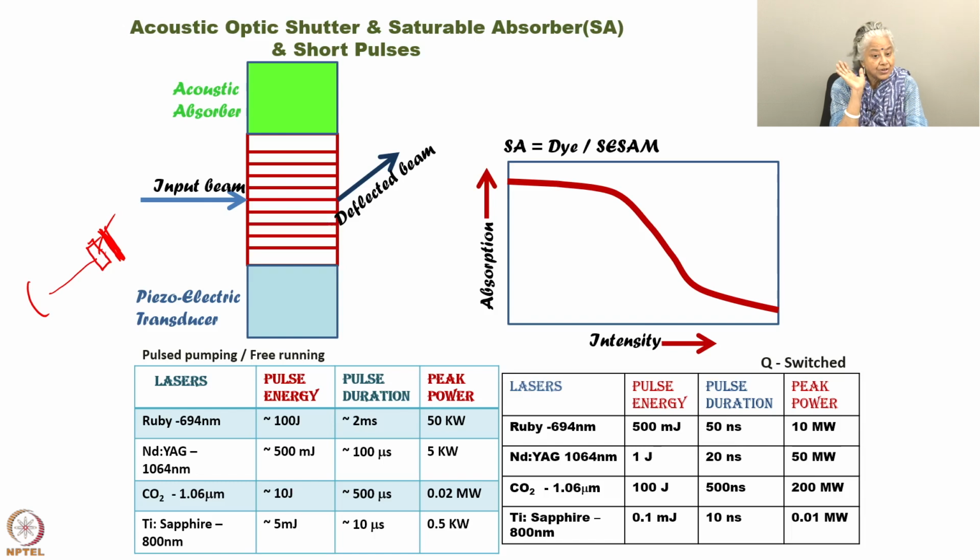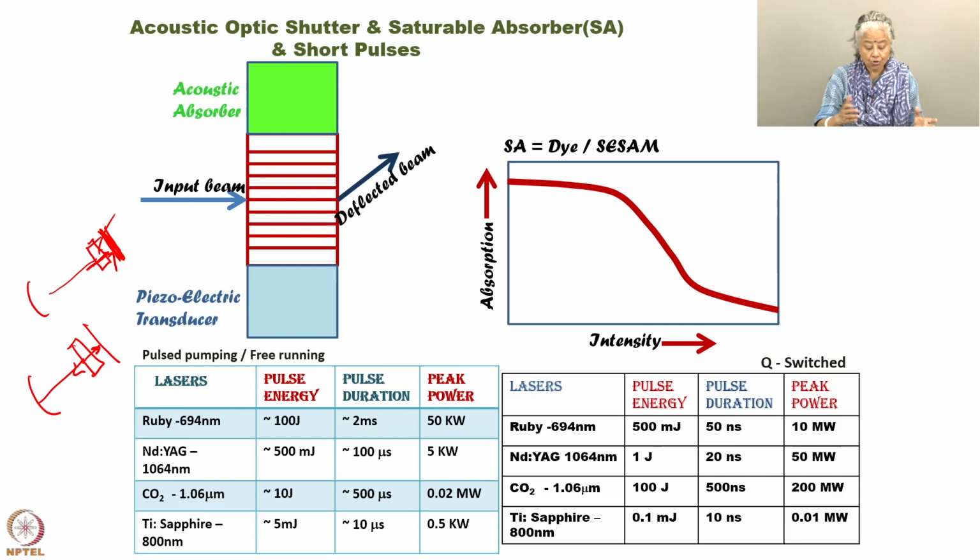Okay. The moment you remove the piezoelectric transducer, your grating disappears, and the moment the grating disappears, the beam just goes through, passes through. It is transparent to this frequency, it passes through and reaches this mirror. Okay. So, here it goes here, this is your shutter, and now this has become transparent, it goes here and it reflects back and goes into the medium again. And again, it's at your will.